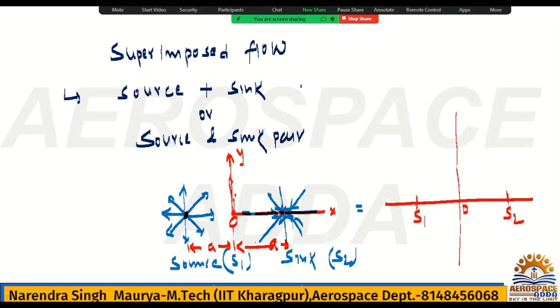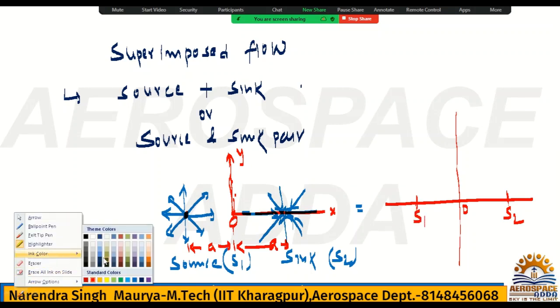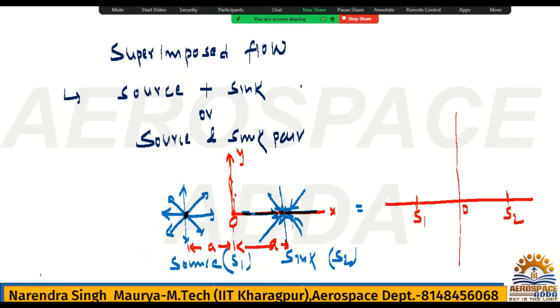Now check. Source will originate the flow, so this flow will go towards the sink. Why is it going towards the sink? Because the sink will absorb the flow and the source will originate the flow. Similarly here also, there is another streamline for the source.